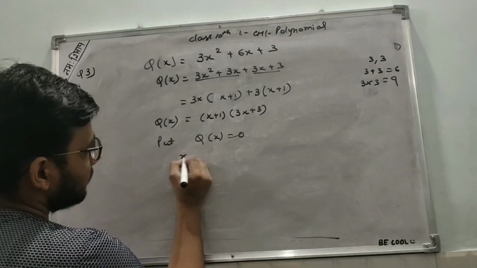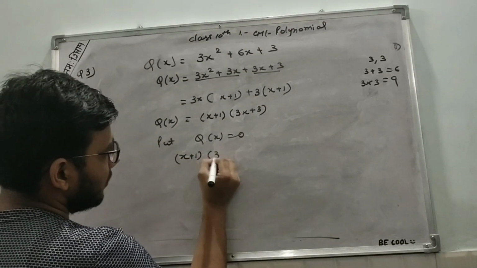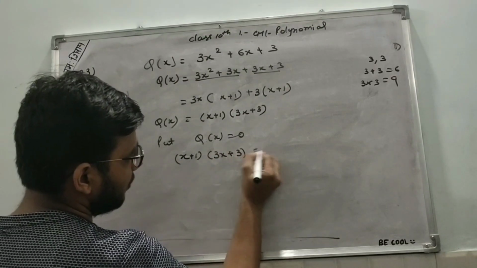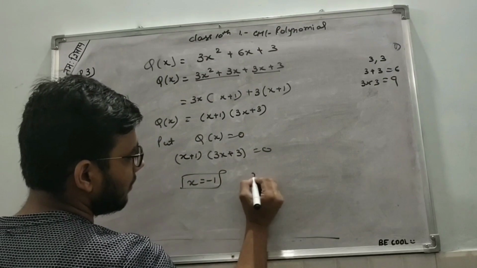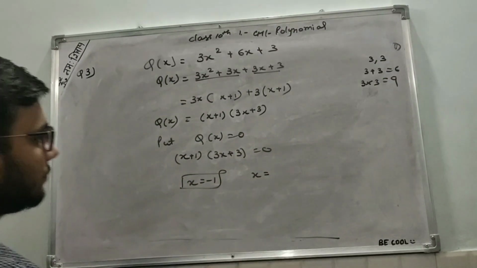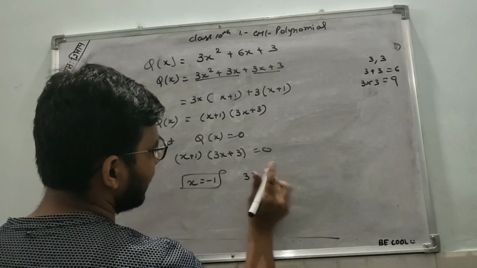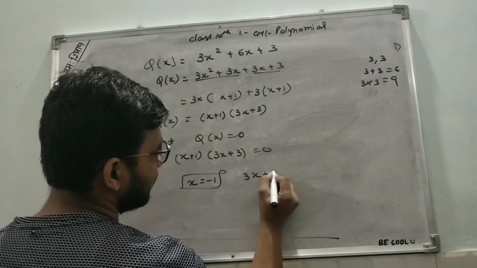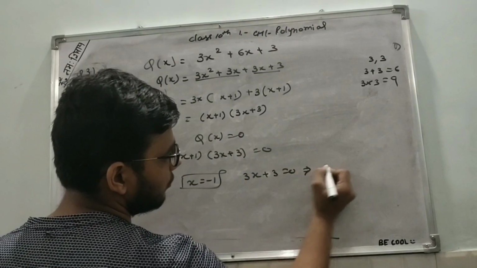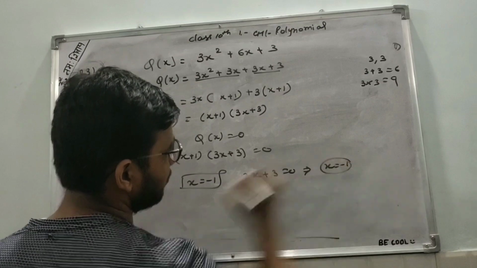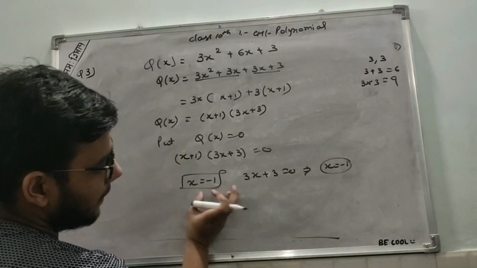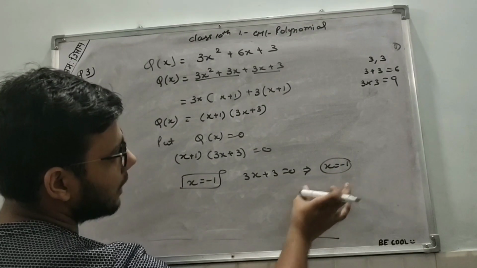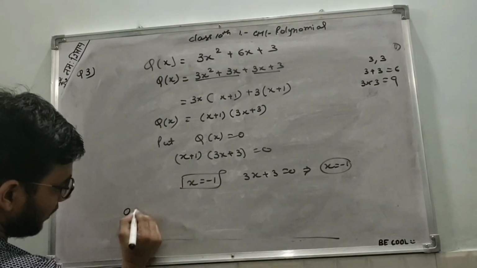We get (x + 1)(3x + 3) = 0. Or we get x = -1, and 3x + 3 = 0, which gives you x = -1 also. Now the other two roots are -1 and -1, that is both are equal.